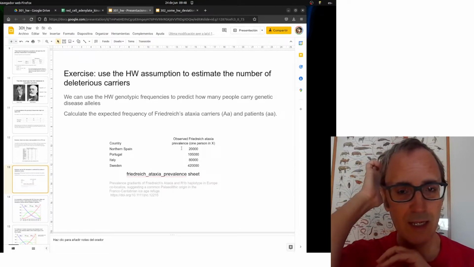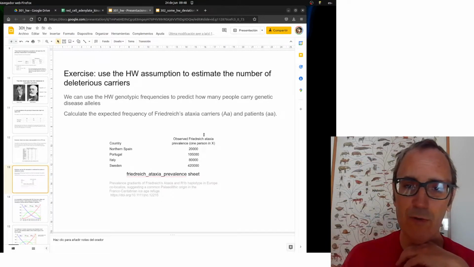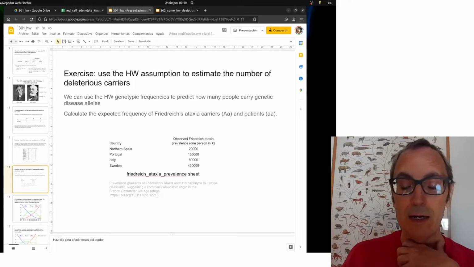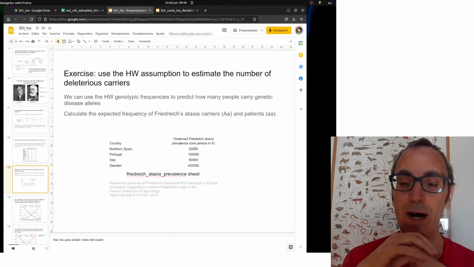For instance, in this case, we have frequencies for Friedreich's ataxia, which is a recessive disease, and you have in different European populations how many individuals do have the disease. With that, you have the frequency only of the recessive allele.